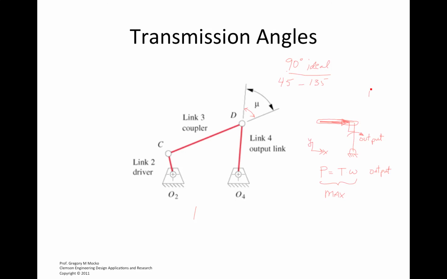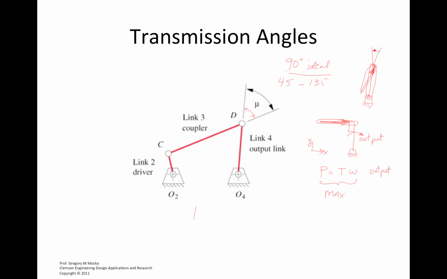An extreme case: I've got my output link here. It's going to rotate about a joint here, and let's just assume that my coupler link is at a very sharp angle, right? So my force can go something like this in this direction.